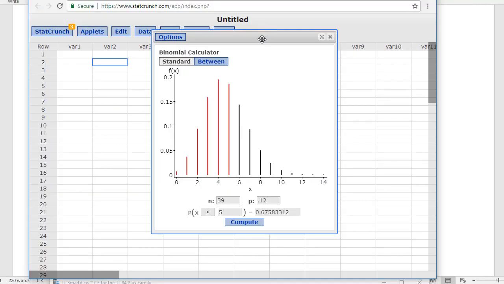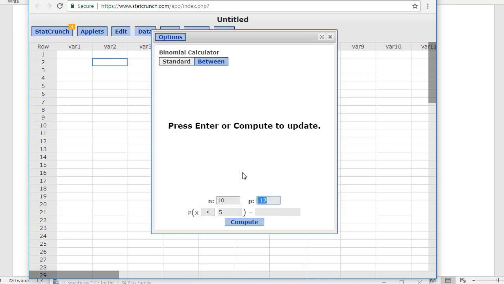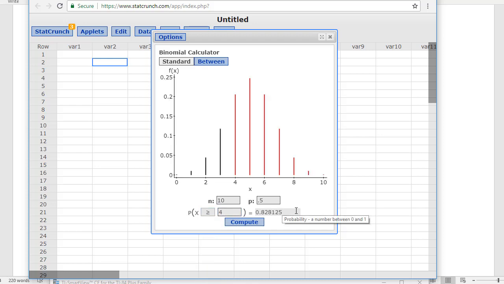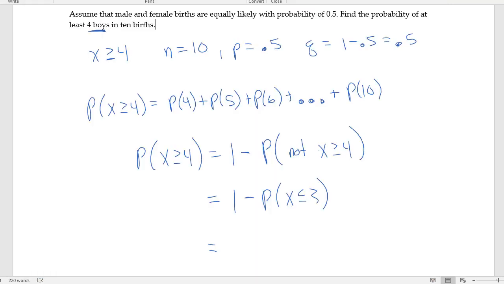Now, if I look at a proprietary piece of software like StatCrunch, in this case n was 10, the probability of a boy was 0.5, and here's the really cool thing: we wanted 4 or more, so I can choose greater than or equal to 4, and when I click compute, there's that same probability we got. 0.8281 if we round to 4 decimal places.